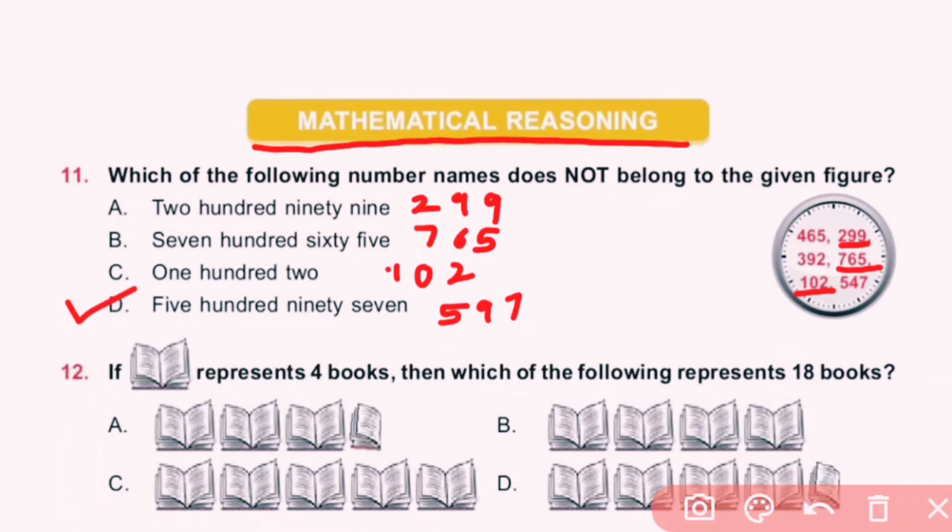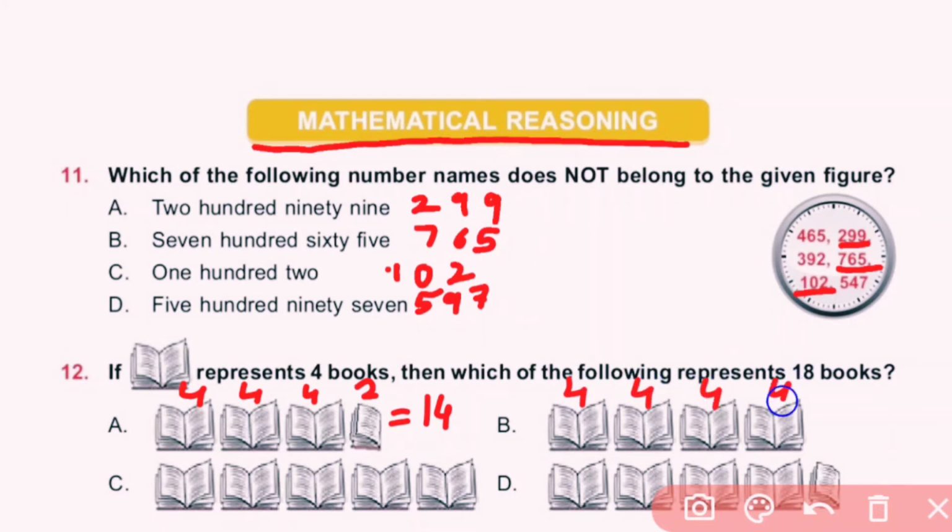Question number 12. If book represents 4 books, then which of the following represent 18 books? This 4, 4, 4 and this half book means 2. Total of this is 14. Option B, this 4, 4, 4 and 4, addition of this is 16.